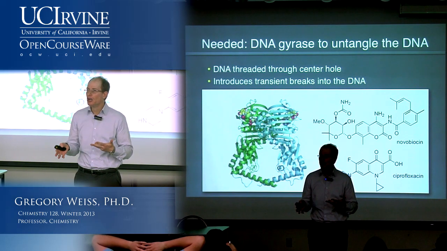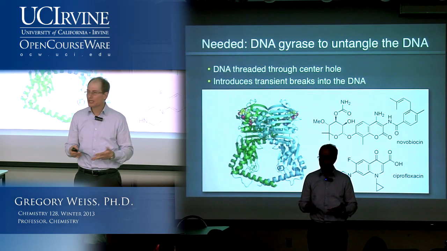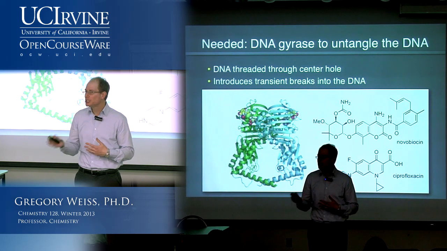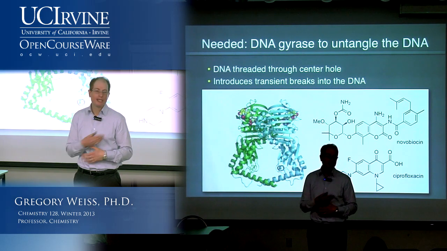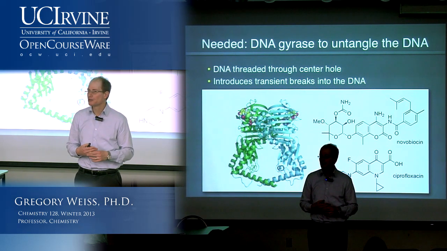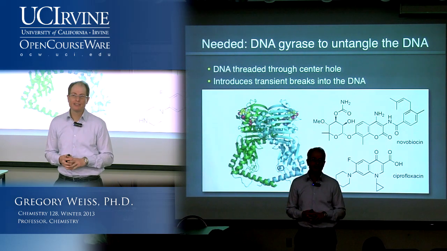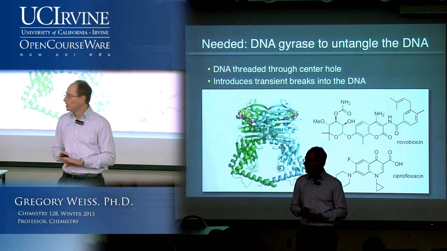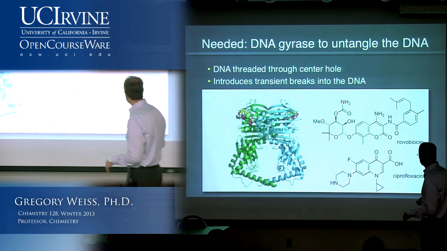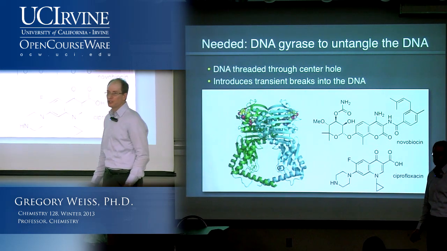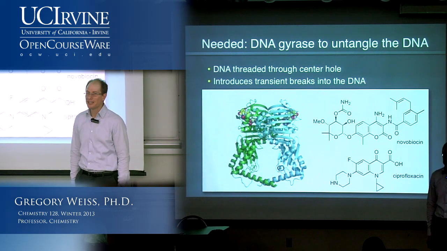So antibiotics are pharmaceuticals, therapeutics that are given to patients to eliminate bacterial infections or fungal infections. In this case, this is a really effective antibiotic that's given quite a bit. This is the antibiotic Cipro, which I am sure many of you in this classroom have taken at one point.